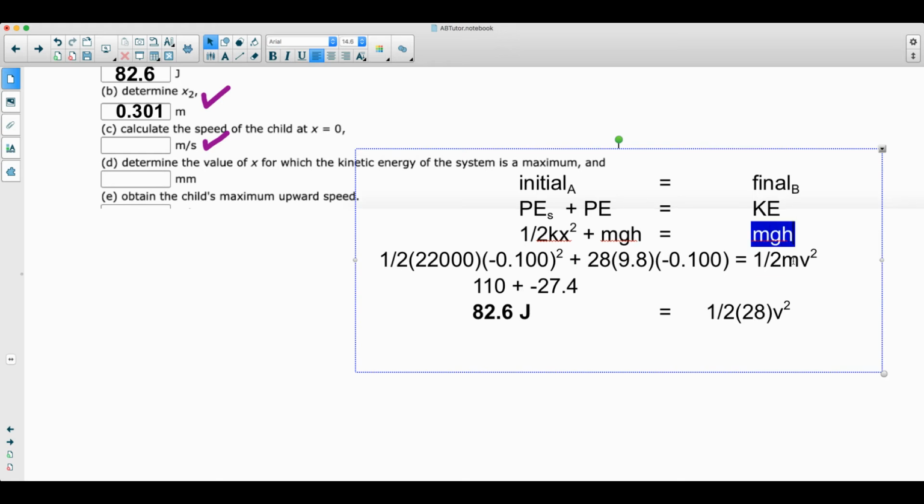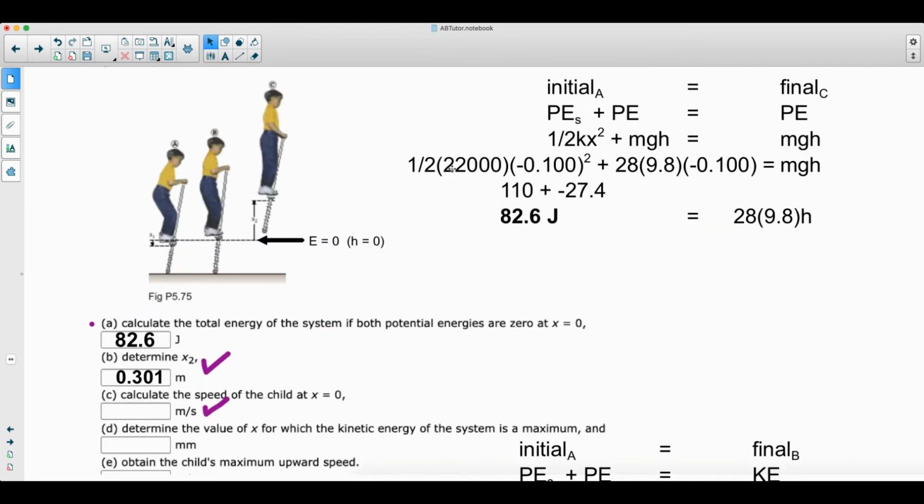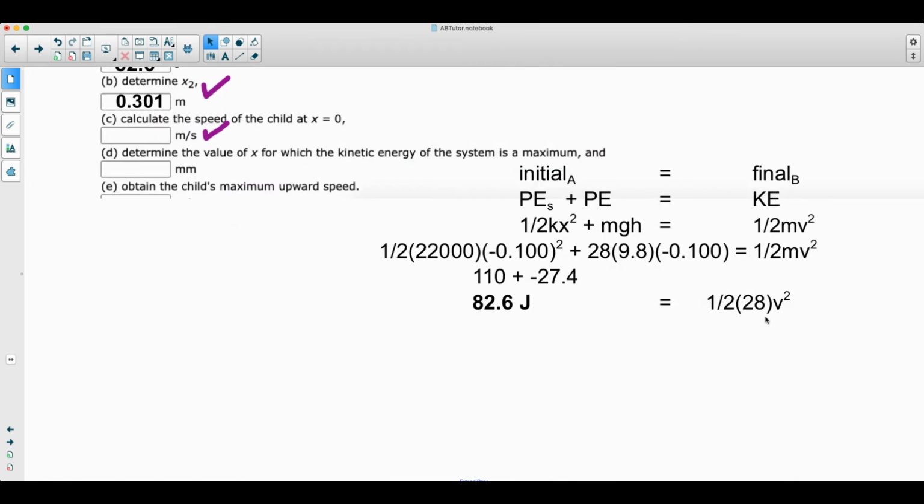It's a KE at position B. Position B only has KE, by the way, because it has no height. That one is defined at no height. And because the spring is at its equilibrium length, there's no PES. So here, when you solve for v, 82.6 times 2, divide 28, square root, 2.43 meters per second. That one we set up correctly.